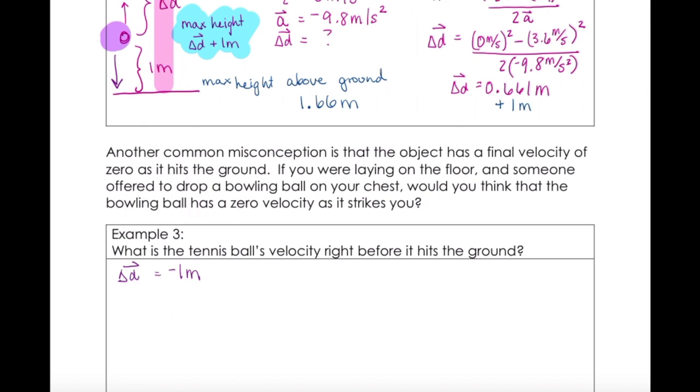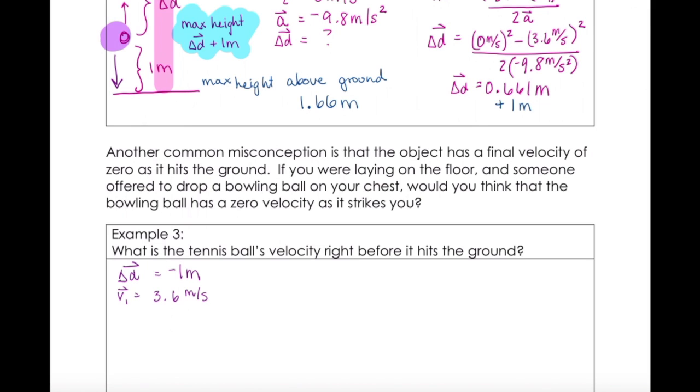Okay, because we started 1 meter above, so if the ground is going to be the ending point, we're going to be -1 meter from our starting position. Okay, our initial velocity is going to be the same, so our V1 was 3.6 meters per second.